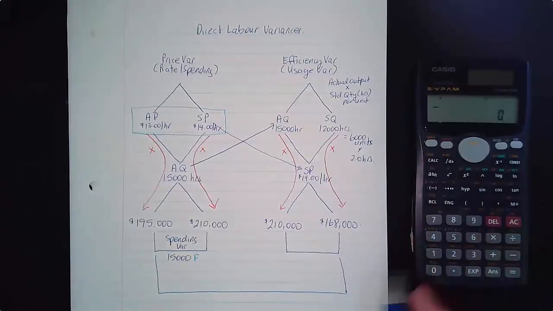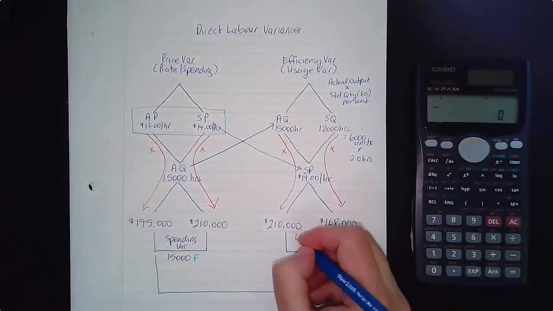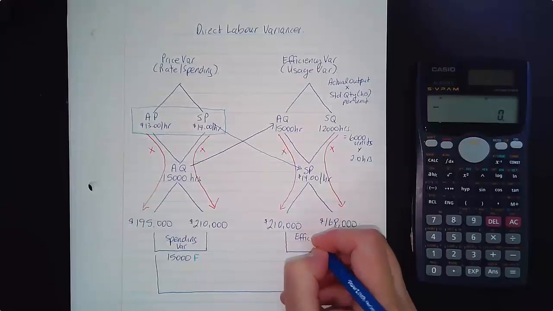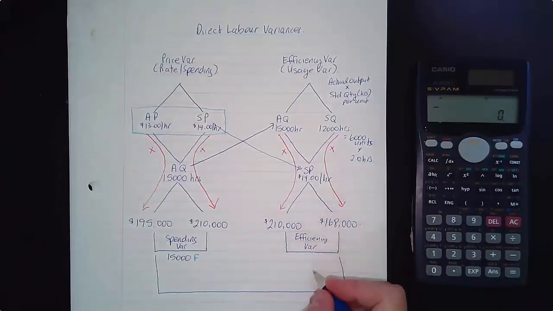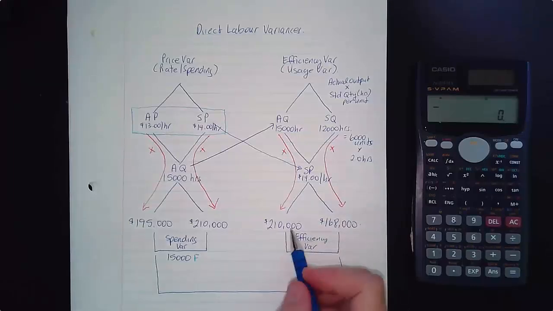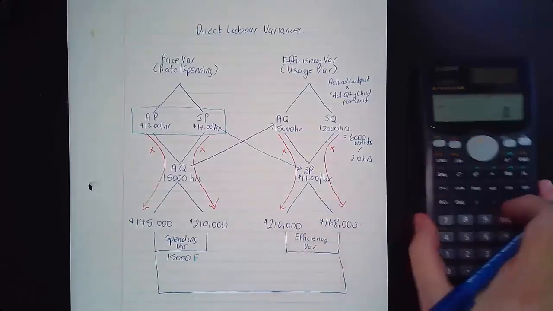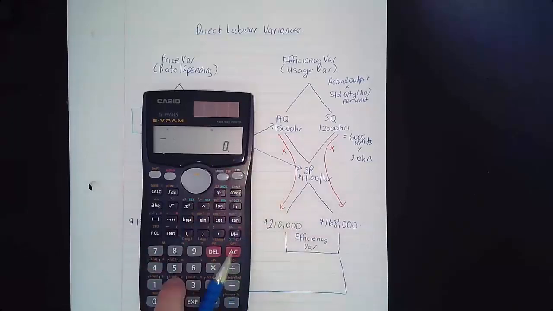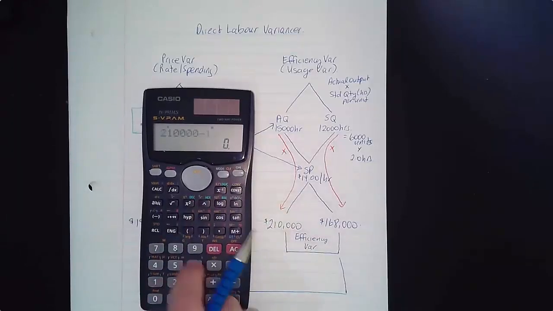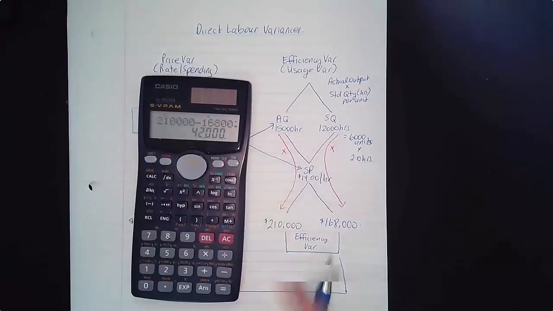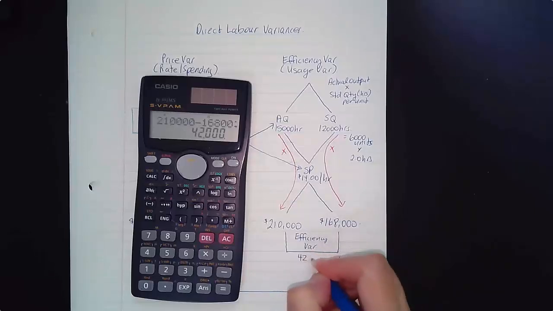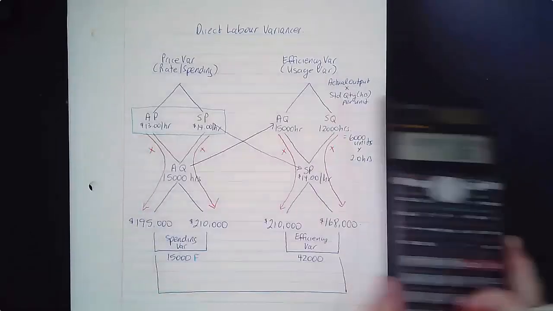Now, we're going to go over here and we're going to calculate the efficiency variance, which we could have called the usage variance, but we didn't. So we're going to take 210,000 and subtract 168,000. $42,000. Is this good or bad for us?